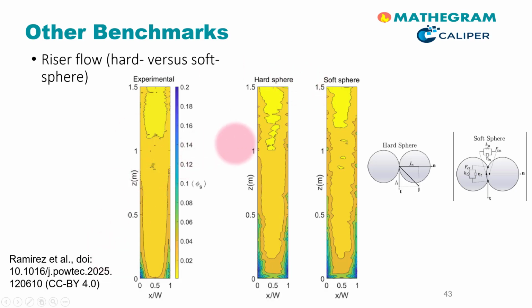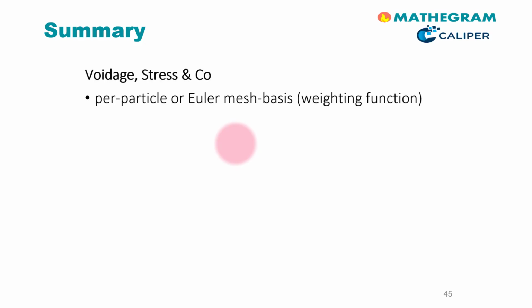It is now time to finish this unit with an overall summary. First, we have seen that the evaluation of continuum properties like the voidage or the stress can be done on a per particle or on an Eulerian basis. For the latter, we need a weighting function that is required to map per particle properties to the Euler grid.